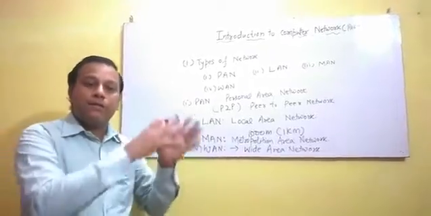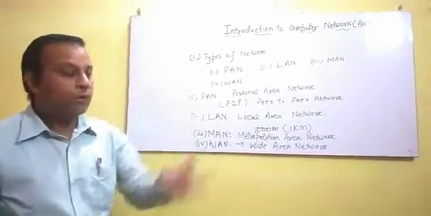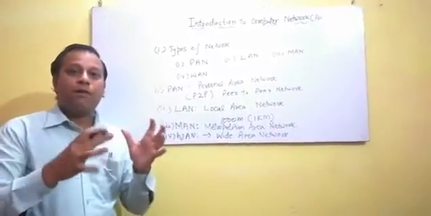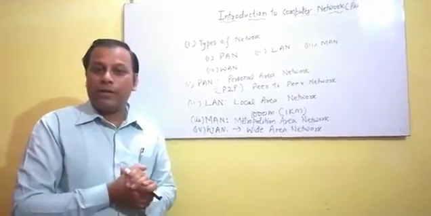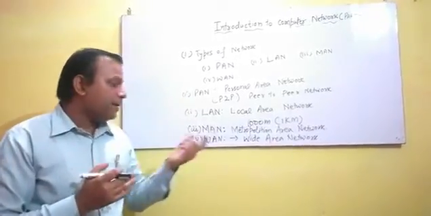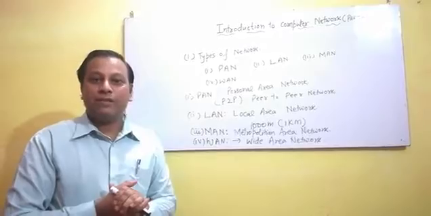It is spread all over the world, all over the globe. If I consider that I am working in a land, there is a limited geographical area in PAN. LAN is also a limited geographical area. Then MAN is a metropolitan area network that is spanning within a city.